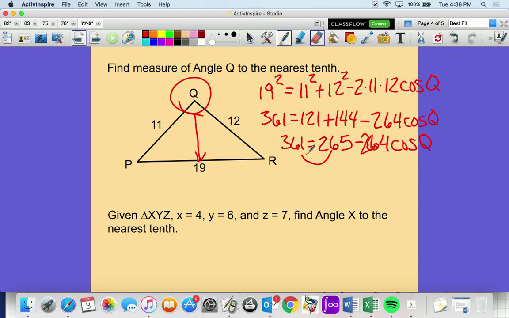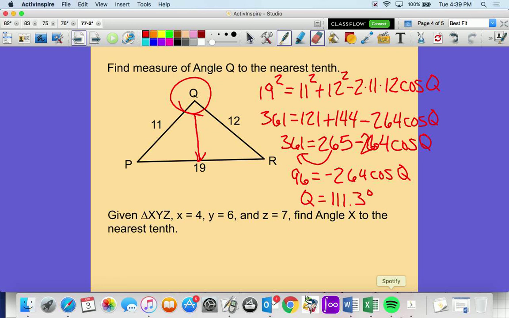We need to subtract the 265 over to get 96 equals negative 264 cosine of Q. And then we divide by negative 264, and then we take the cosine inverse of that answer, and we get Q equals 111.3 degrees. Alright, so there's our cosine law.